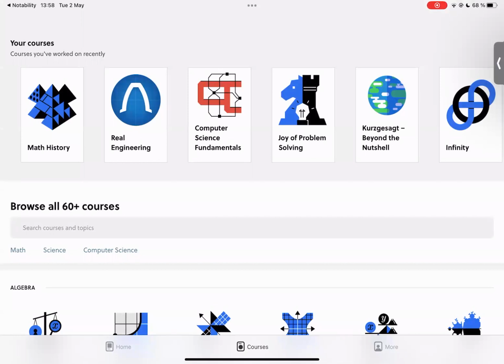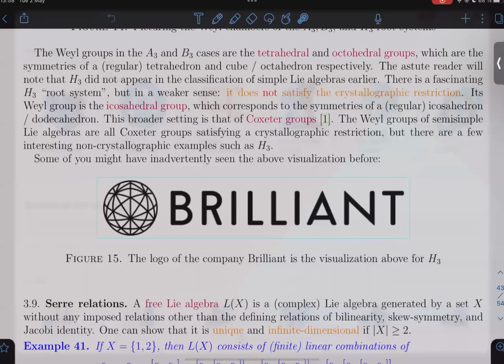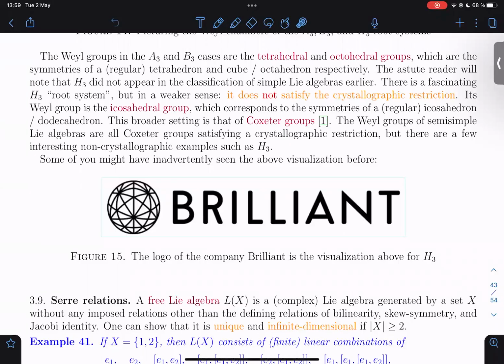They have all these courses. Sorry, this sounds like an ad, but interestingly enough, the point was that the logo is exactly this, associated to this H3 root system, presented in this way that I've talked about. Namely, what you're visualizing here in this picture are the Weyl chambers for that H3 system. Okay.